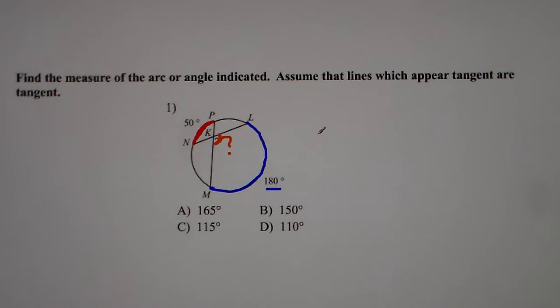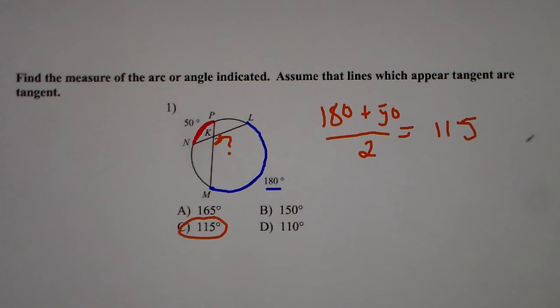So 180 plus 50 divided by 2. 180 plus 50 gets you 230. 230 divided by 2 gets you 115. And that's how we get the answer C, 115.